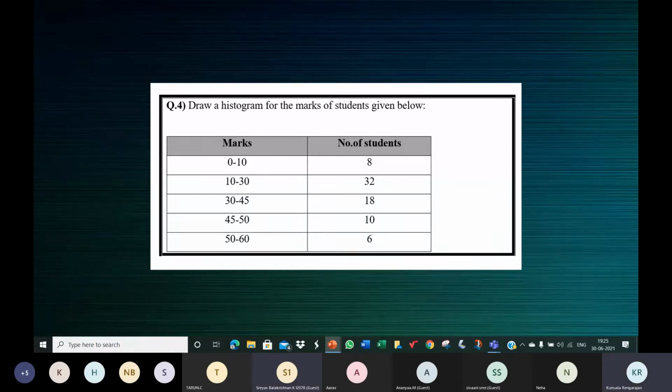So the minimum size 5 divided by the size of that class interval, into the frequency, will give you the adjusted frequency. Now for this class interval it is 10, for this it is 20. So 5 divided by the size of that class interval into this frequency will give you the adjusted frequency.